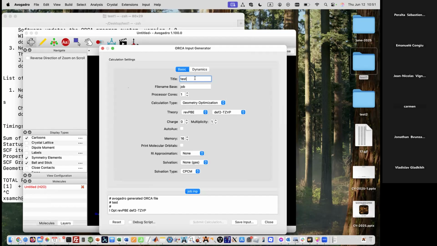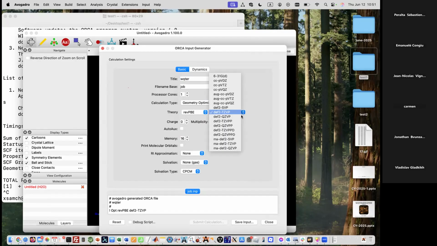Test, let's say this is water, and you do the optimization, and then here you can define the computational method. There are limited options here, but of course we can modify the input file at a later stage, so let's not worry about these options.